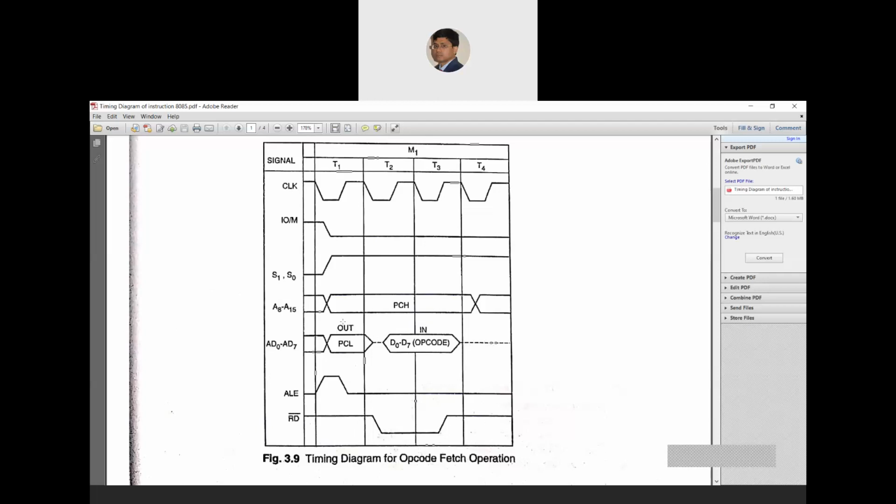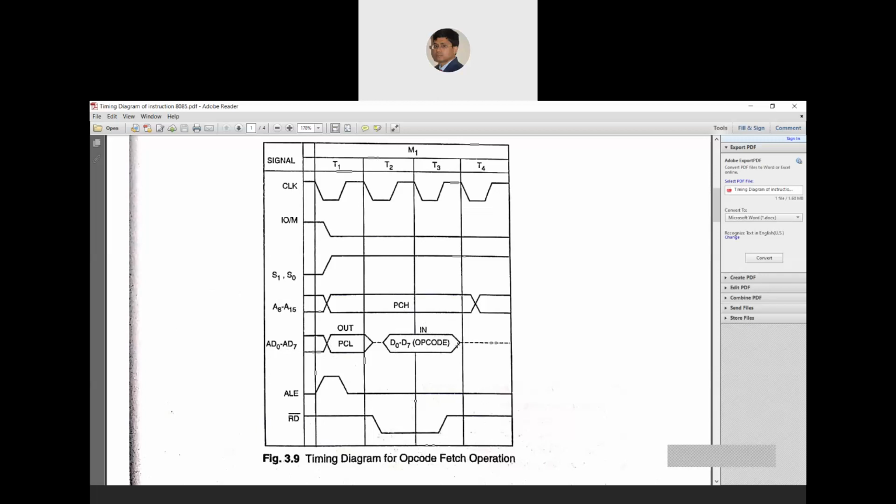You can see that AD0 to AD7, as it is a multiplexed address cum data bus, first does the job of the address bus. When it is working as an address bus, the complete address can be sent out from the 8085 to the external memory location, and from that memory location the data is copied onto that same bus, AD0 to AD7.